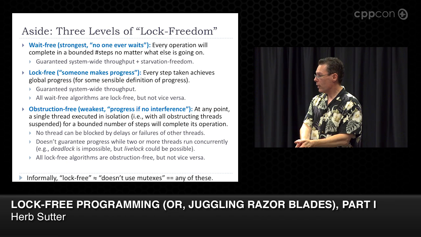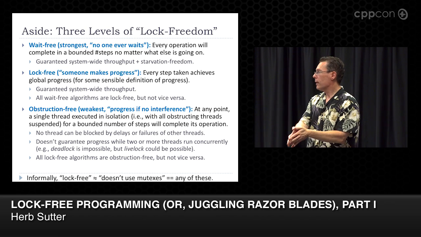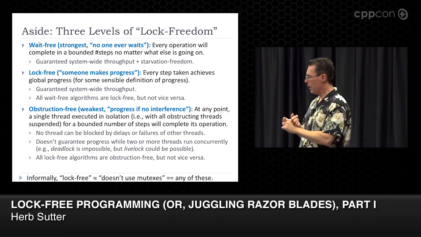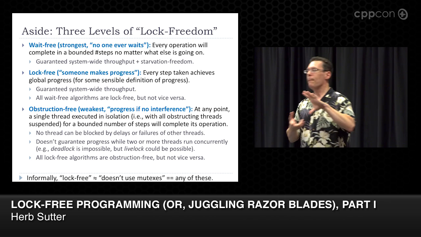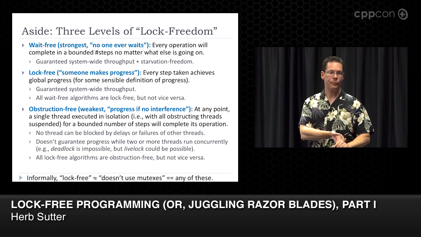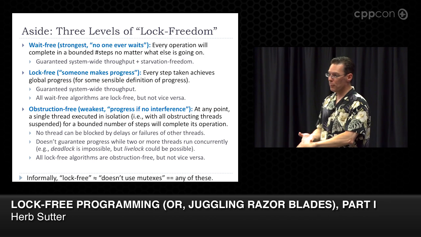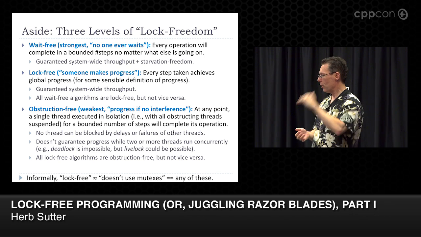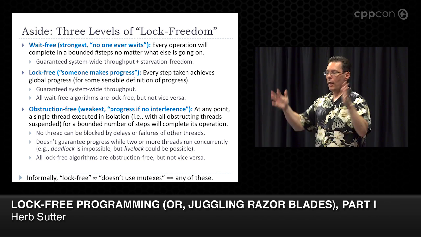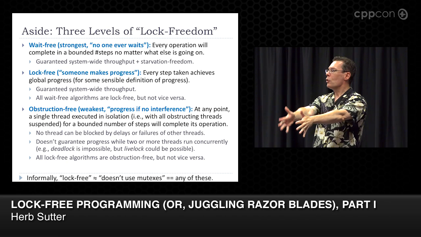So you can get starvation of a thread, but you can only get that if there's global progress. This still guarantees system-wide throughput, but does not guarantee starvation freedom. Third, the weakest but very useful in practice level, obstruction-free, basically says, I will make progress as long as nobody else is doing anything.